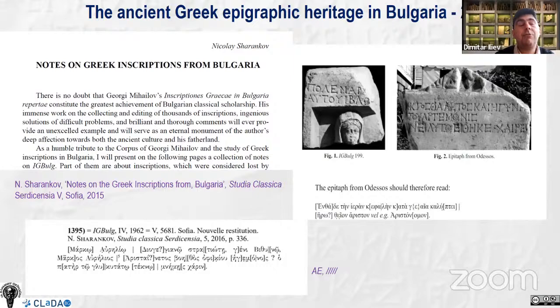And usually when we deal with such inscriptions for our digital corpus, we include all of those bibliographical references. But as I told you, sometimes we have revised them, especially for the purposes of their electronic publications.